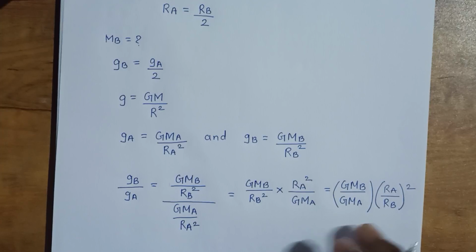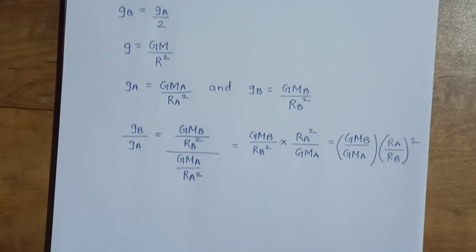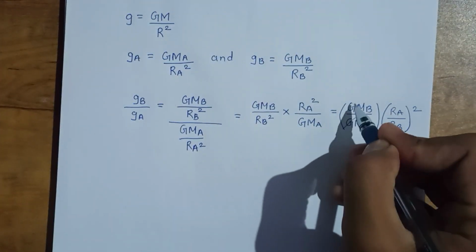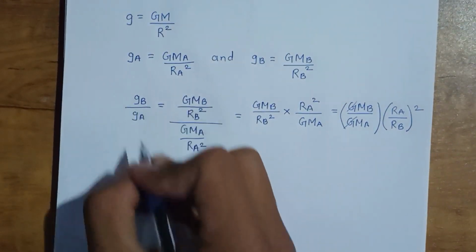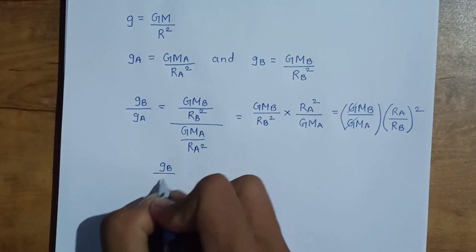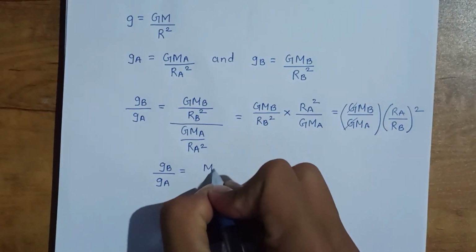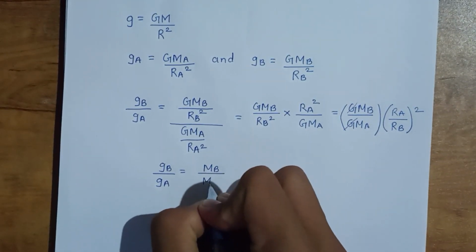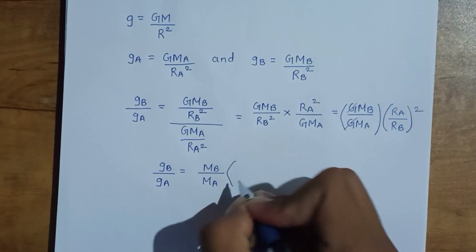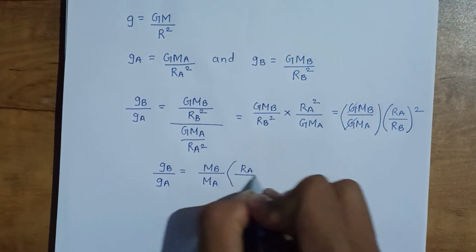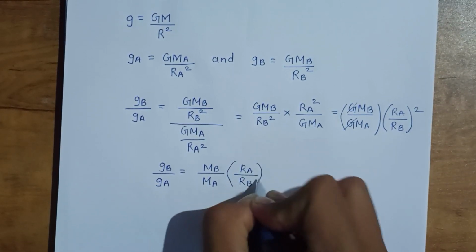Okay, so this we have got by dividing this. So here G and G will get cancelled. Okay, so what is remaining? GB by GA equals to MB divided by MA into RA by RB the whole square.